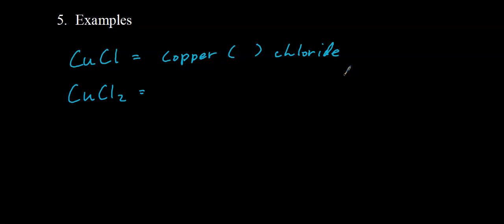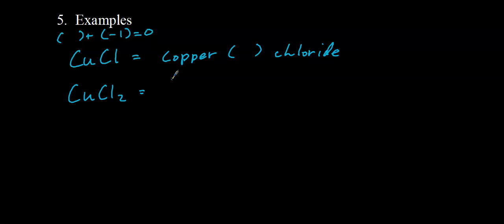Well, what is the charge of copper in this compound? Here's what we're going to do. We're going to use what we know to find what we don't know. We know the charge of the anion. We're going to use that to find the charge of the cation. So we know the anion has a charge of -1. We have a 1-to-1 ratio in this formula. So what goes in parentheses?